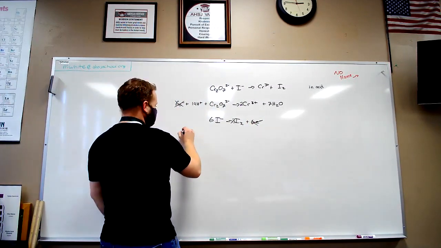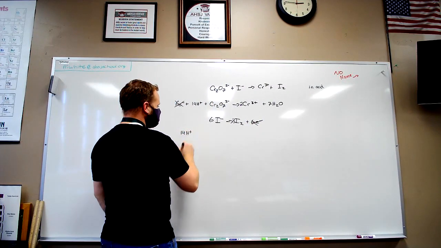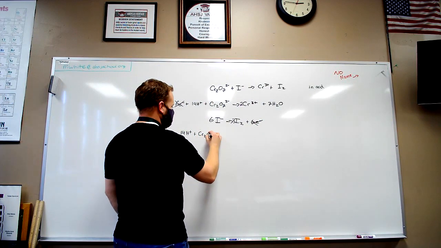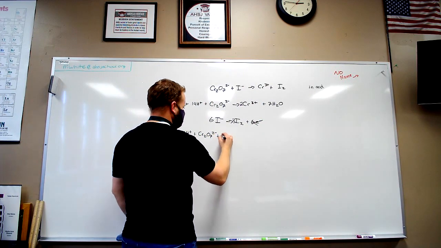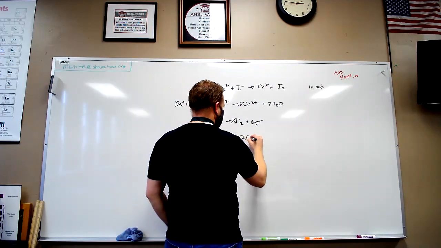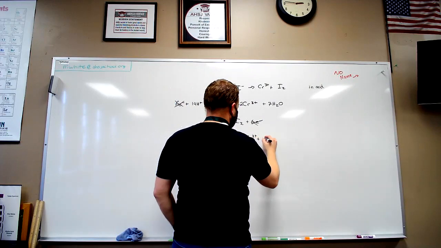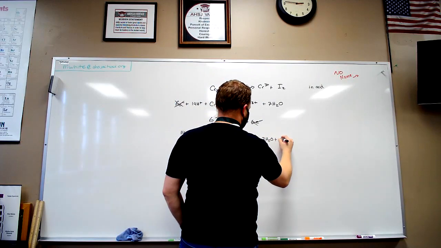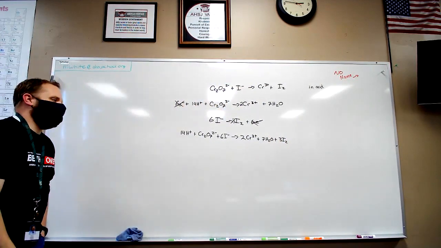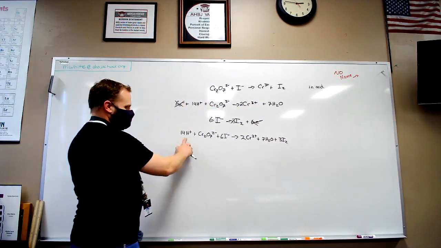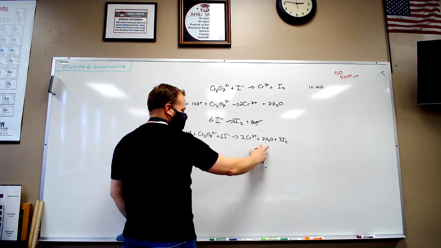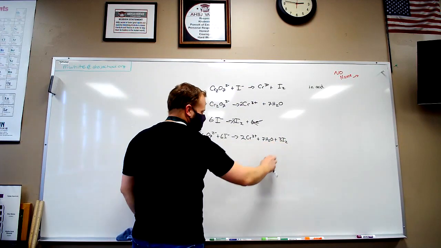And then we do 14 hydrogen. We've added it together. Now we can double check. 14 hydrogen, 14 hydrogen. 2, 2, 7, 7, 6, 6.